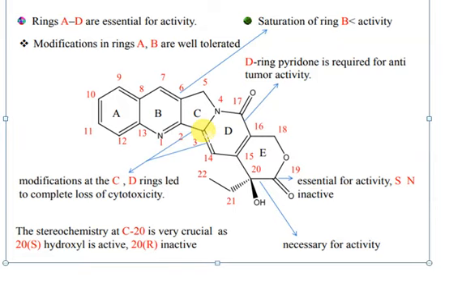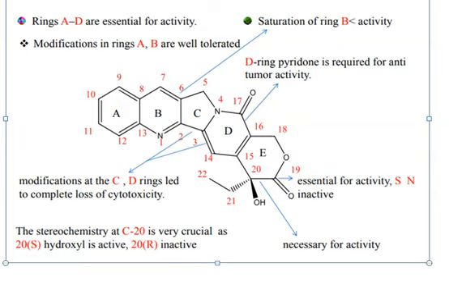The stereochemistry at C20 is very important, and currently it is S geometry. You can calculate the geometry: this group has first preference, this has second, this has third, and this has fourth preference, right? So you just assign the numbers and calculate the stereochemistry. This is an S geometry. S stereochemistry is very important because the S isomer is active, but if you convert it into the other isomer, the R isomer, it is not active, right?